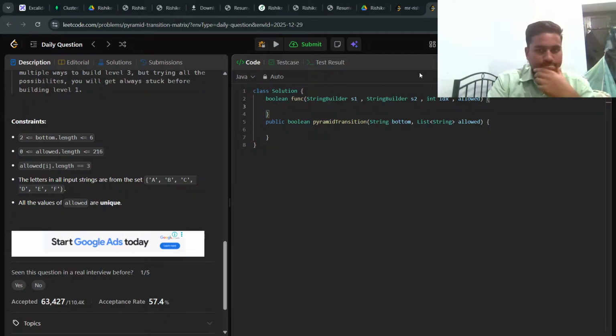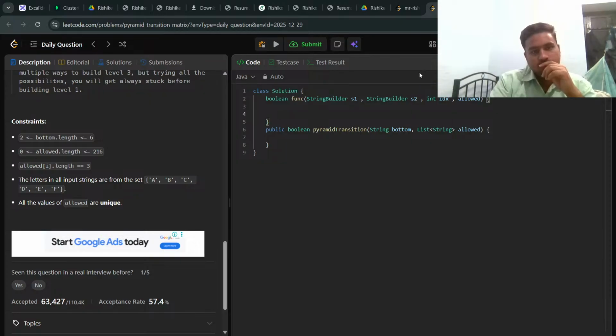Let's check. I have to put allowed into a map so that I can find things. How can I do it that way?